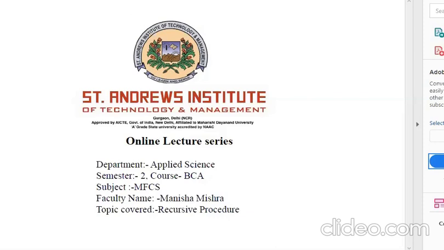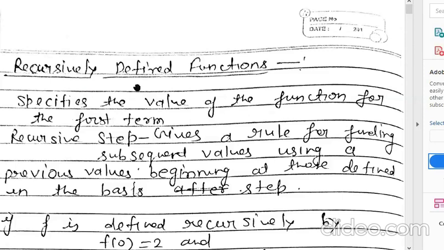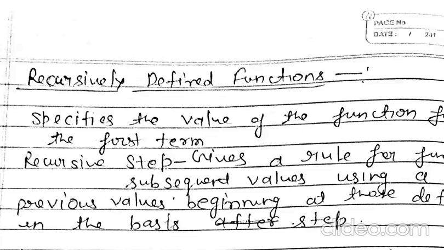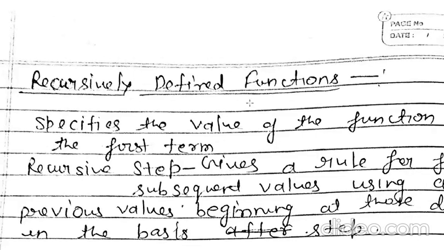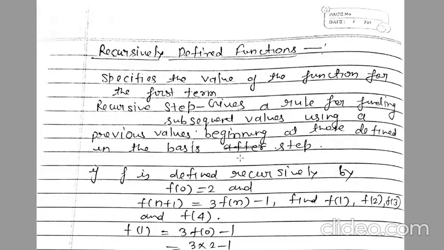Okay, let's start. So, recursively defined function. Recursively defined function means you specify the value of the function for the first term, right? That means you already have your initial value.